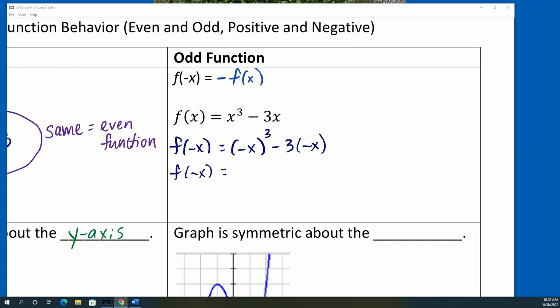And then what happens when you cube a negative? It stays negative. And then negative 3 times negative x is going to be positive 3x. So that is what it looks like when they're opposite. Every sign changes on opposite, and that's going to be an odd function.